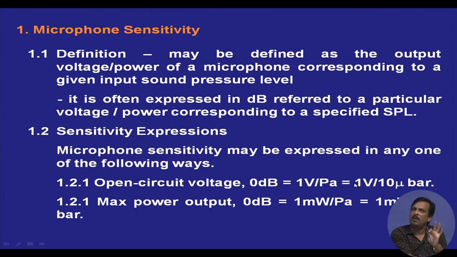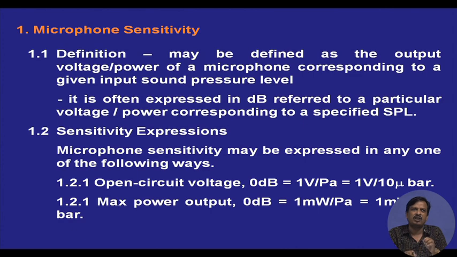Similarly, it may be a voltage sensitivity, it may be a power sensitivity. What is the power sensitivity? The 0 dB power output of a microphone is defined as follows: if a microphone is exposed to a 1 Pascal sound pressure and it delivers 1 milliwatt power, then we say the power sensitivity of the microphone is 0 dB.